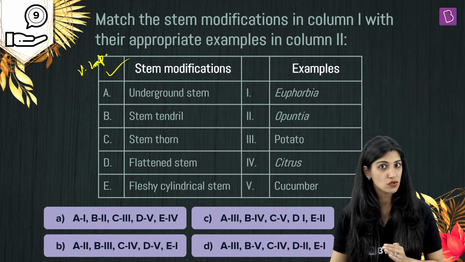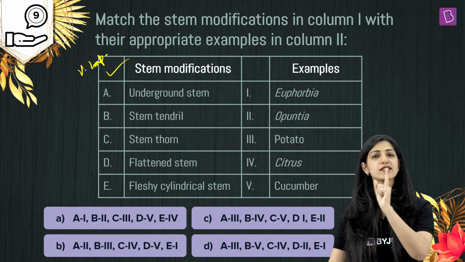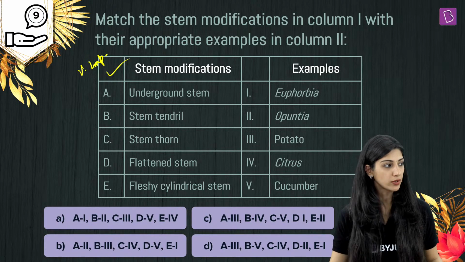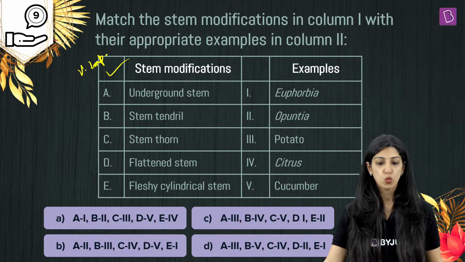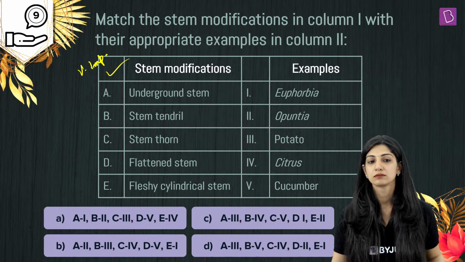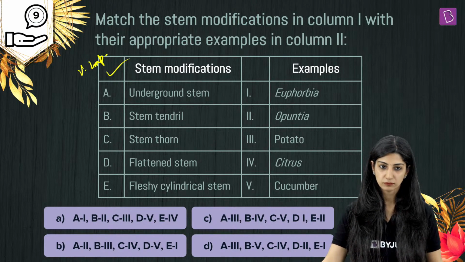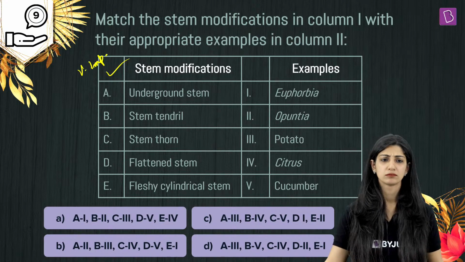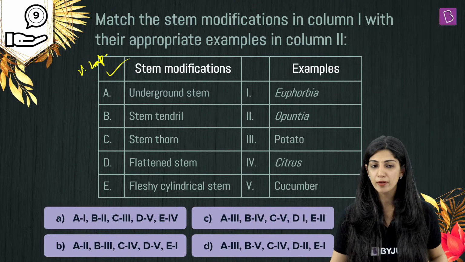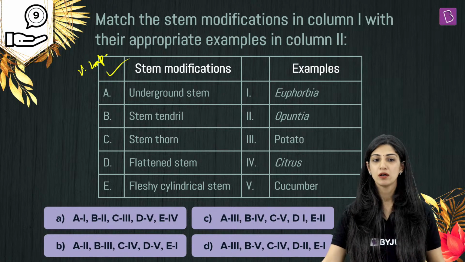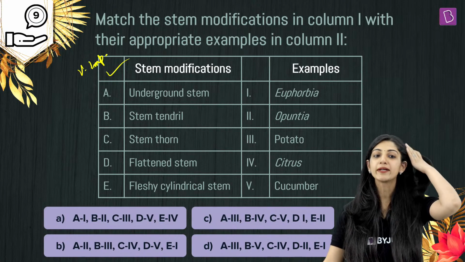Let's get the chat box on. People, what is flattened stem? Let's keep it on. What is a flattened stem? Who will give me the term for flattened stem? Not the answer. I want to revise the concept. Remember, we have to go to every corner of this chapter right now.